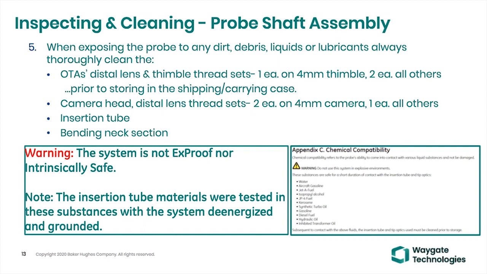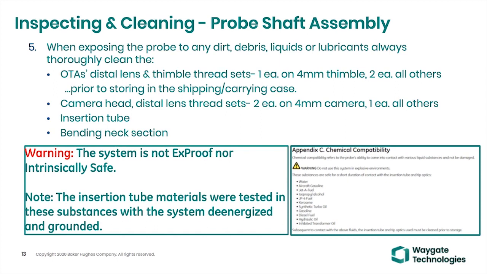So when you look in the operator's manual, in this case, this manual has Appendix Charlie for chemical compatibility, you'll see a lot of things that are hydrocarbons and do have a flash point that could ignite or combust with an ignition source. And so while we have tested it in avgas and jet fuel and a number of products, the system was inert, the system was turned off and de-energized.